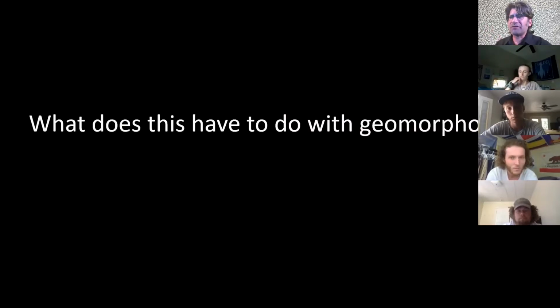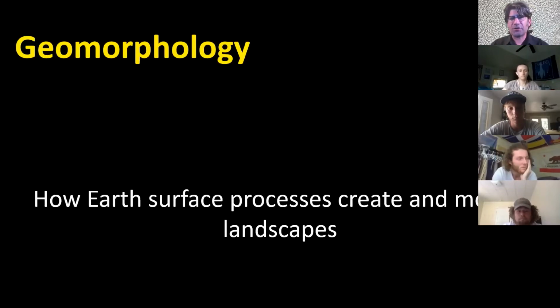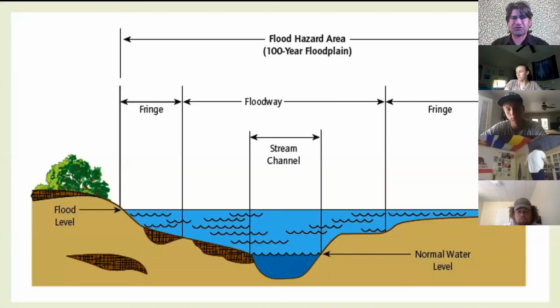Okay, so what does this have to do with geomorphology? Well, I would argue that in geomorphology, we're interested in how surface processes create, inform, and modify landscapes. So when we think about the problem in Houston, we need to understand how the rivers that were there before there were humans function, and how we can keep them functioning with humans in the picture.